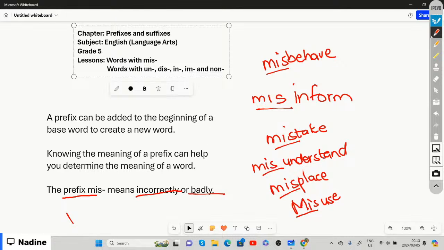We have a base word that can stand on its own, and as soon as we add miss in front of it, we're adding the prefix to it. The meaning of miss is either incorrectly or badly, which means all of these words basically mean something negative, something ill.